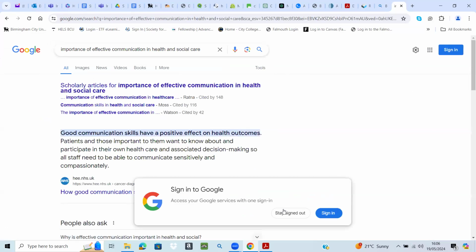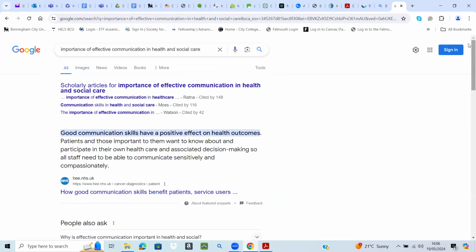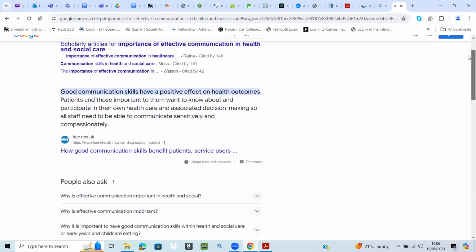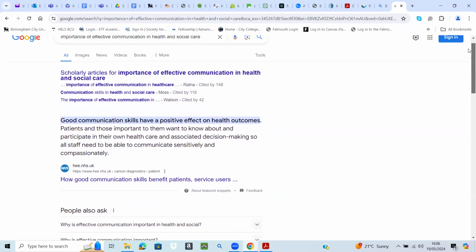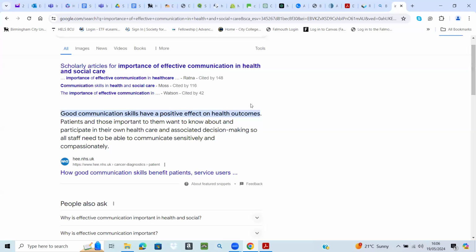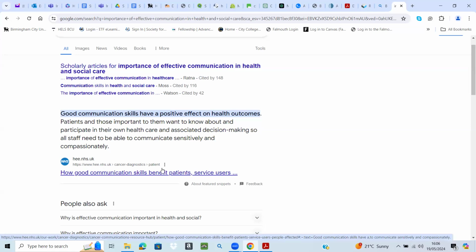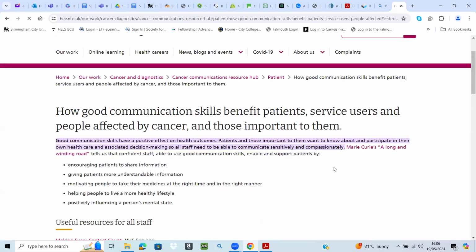Then we will always look for reliable sources. We won't look for the information in Wikipedia or any non-reliable source. For example, this is from NHS.UK, so that is a reliable source. So I can go on to that and gather the information.